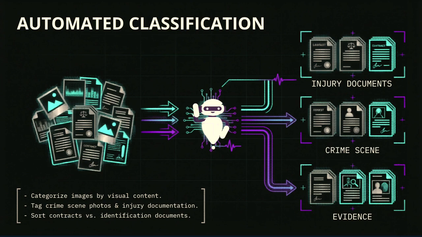Instead of using a person to manually sort them, we can use AI to classify the images into useful categories. Like this is the crime scene photos, this is the injury documentation, so it's easier to organize and review afterward.